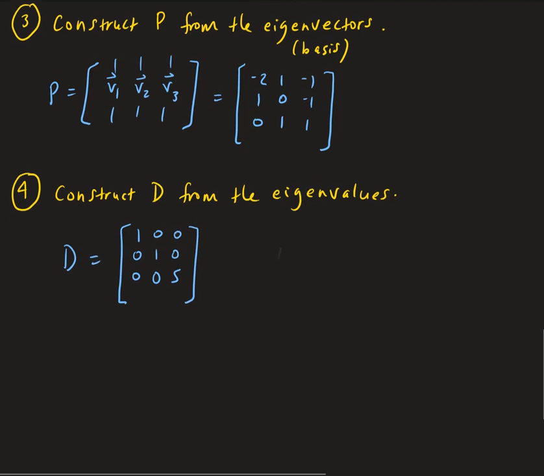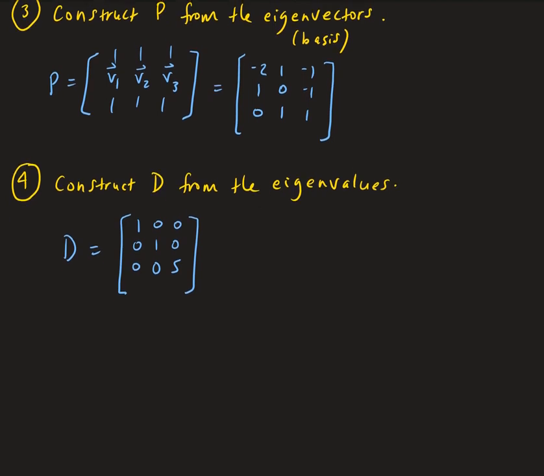So now all we need to do is find the inverse of P. Remember that we have A equals P times D times P inverse. We can calculate P inverse with a calculator, or by hand by augmenting the matrix P with the identity matrix and then doing the RREF on that.